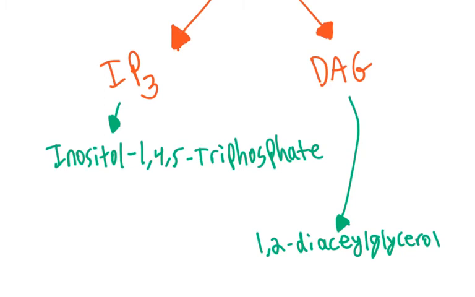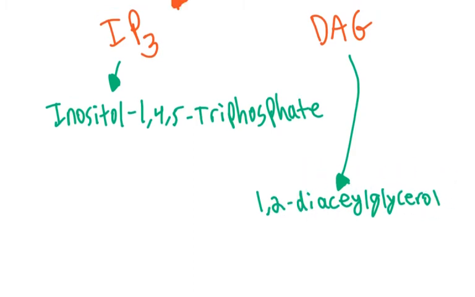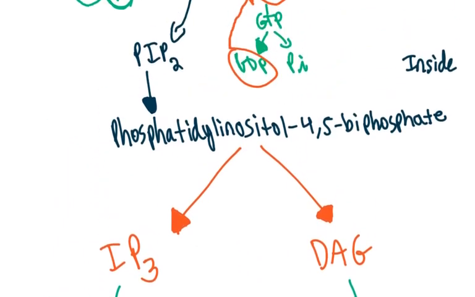Remember from fatty acids, when we talked about digestion of fats, we have triglycerides, also called triacylglycerols. Just like that, we have a diacylglycerol here. That means that diacylglycerol has 2 fatty acid chains.